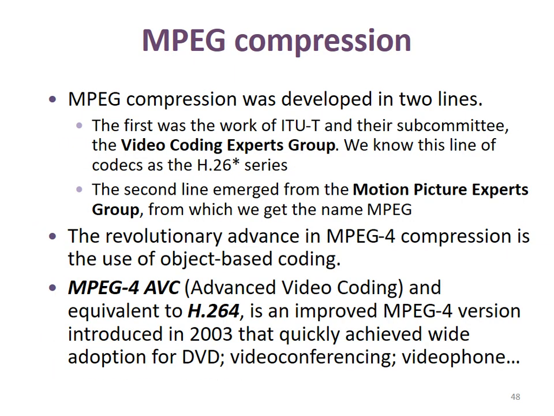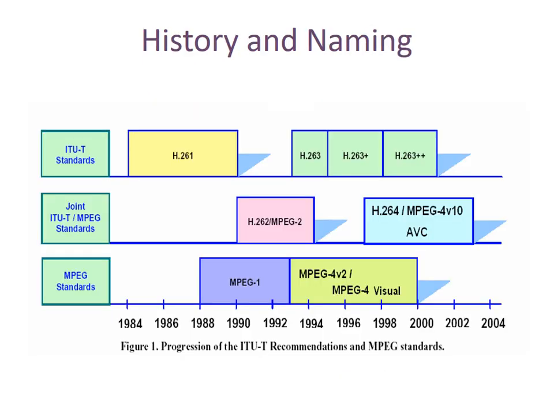All right, next let's quickly go through the history of MPEG compression. Previously we had two different groups providing the standards of video compression. These two groups are the MPEG group, and the other one with H.264. Let's see these two standards.